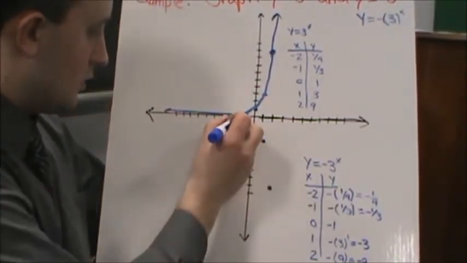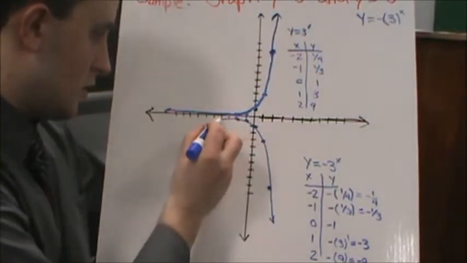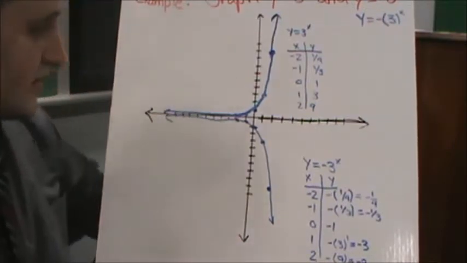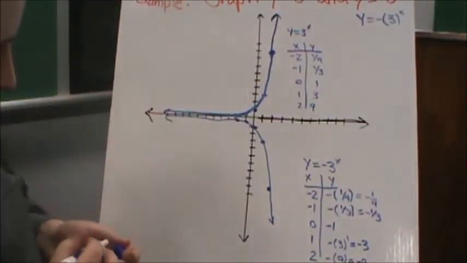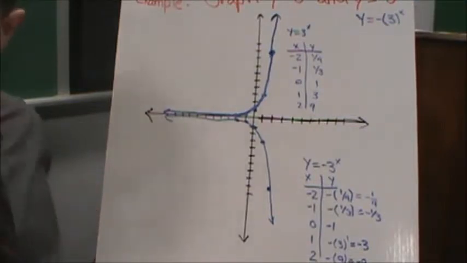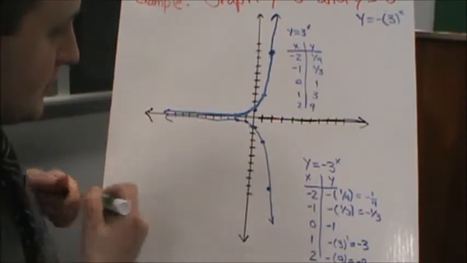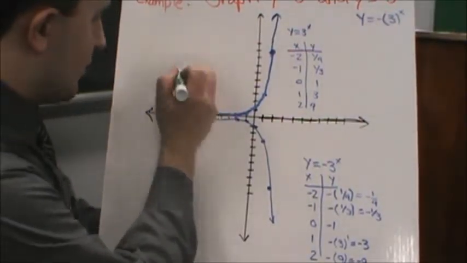Those would be the points. Connect them. Draw a nice line. And in both cases, the horizontal asymptotes are at y equals 0.